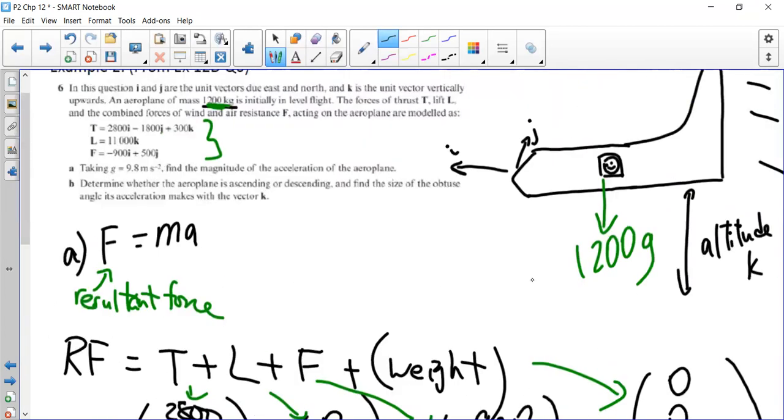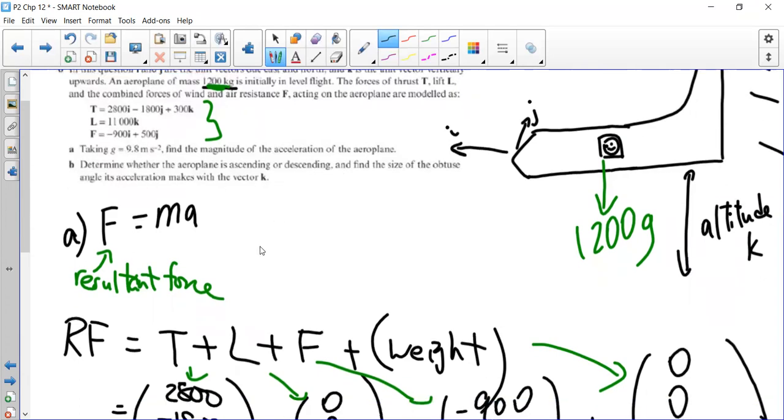Right. Part B. Determine whether the aeroplane is ascending or descending, and find the size of the obtuse angle its acceleration makes with the vector k. So two questions in here. First one is ascending or descending. The second one is the angle. First of all, ascending or descending.